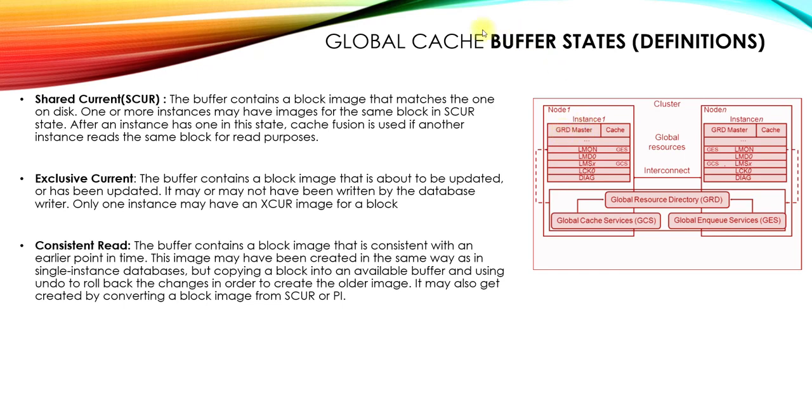User 2 comes in and requests to modify a specific row in that block 1. So block 1 will be copied from the first node to the second node. Now, because user 2 wants to modify that block, that block becomes exclusive current, and this one becomes older and it will be consistent read, because it's a past image.